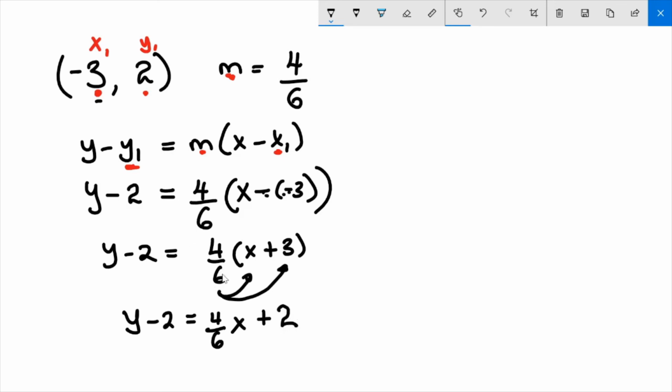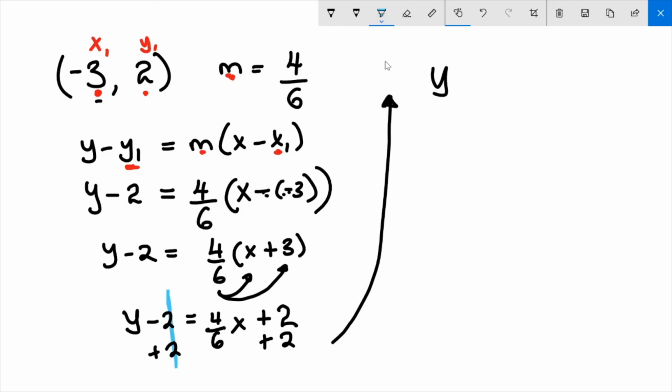Actually, 4 over 6 can be simplified to 2 over 3. So adding 2 here and adding 2 here, this cancels out, and I'll have y equals 2 over 3 x plus 4. I've just simplified the 4 over 6 to 2 over 3.